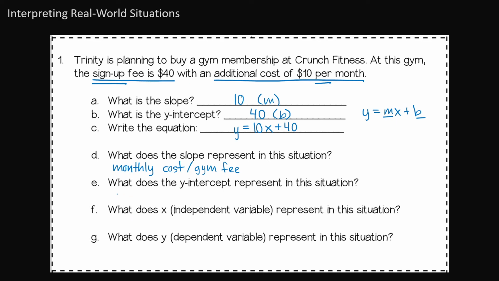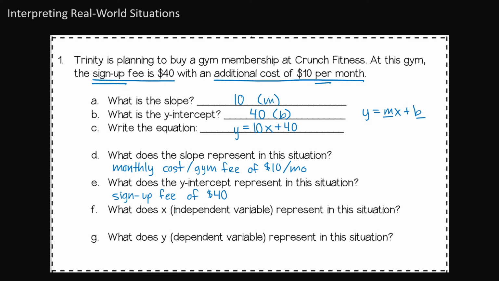It basically says that's the sign-up fee. And just so we're clear, $10 per month for the slope, $40 to sign up.